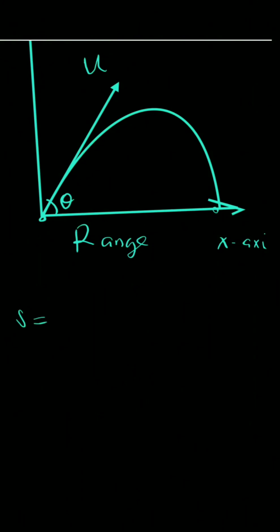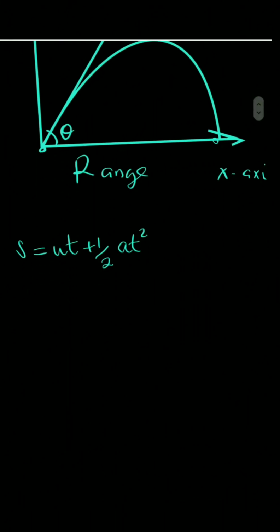Now, if you remember, the formula for displacement using kinematics is presented in this manner. Since we're looking at the x-axis, s will be substituted with x. Then we have the initial velocity component, which is ux, multiplied by t, the time of flight, plus half multiplied by the acceleration in the x-axis times the time of flight squared.